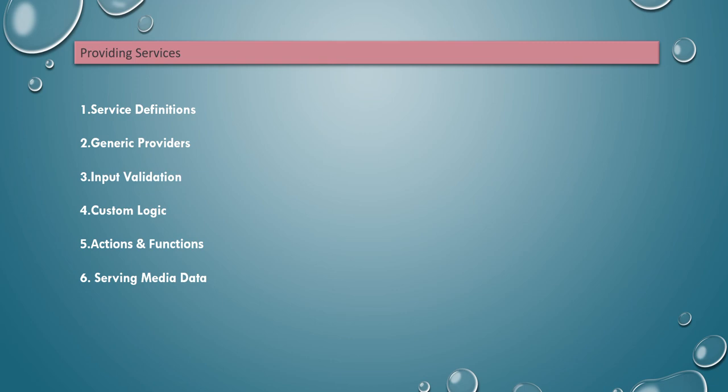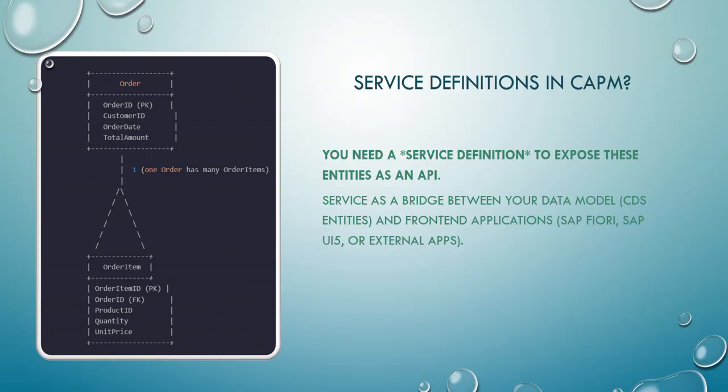So let's get started. First, what is the service definition in the CAPM? As per my knowledge, I can say service definition is a bridge between the data model and front-end applications. Either it's an external application, Fiori application, UI application, whatever it is.